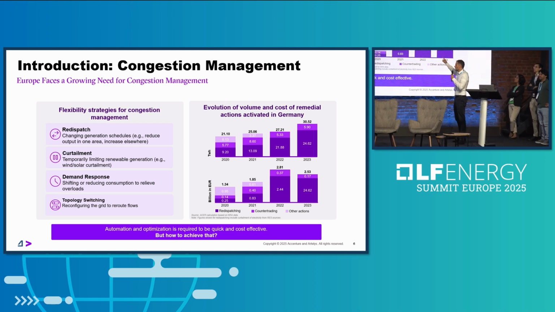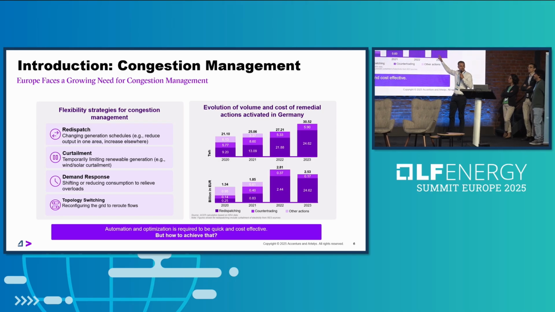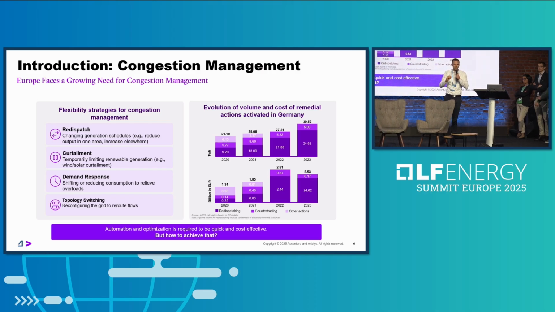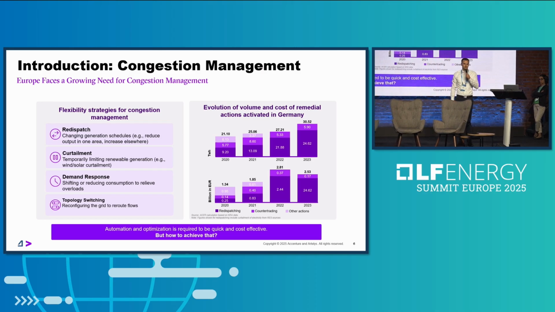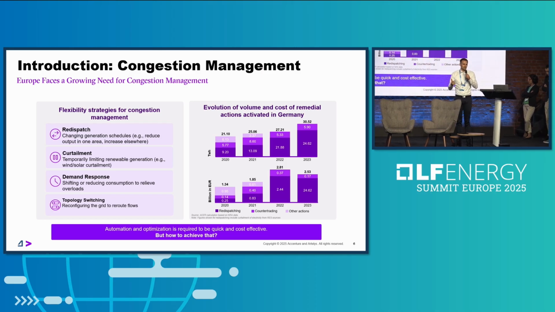And that translates also to costs, because all these remedial actions come with a cost. And in 2023 alone in Germany, that was 2.5 billion euros. And this underlines the need to automate and also to optimize congestion management.